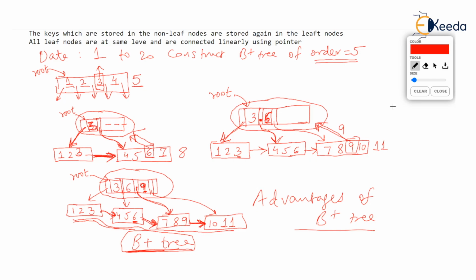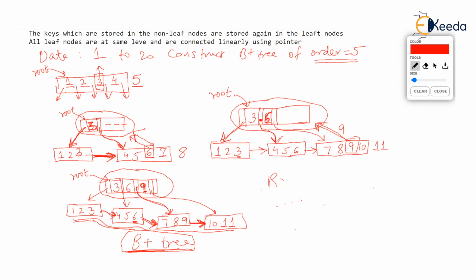Those who have learned DBMS, although this subject is coming up in your GATE course, but those who have learned DBMS maybe in the earlier semesters of engineering, know that there is something called range query in DBMS.